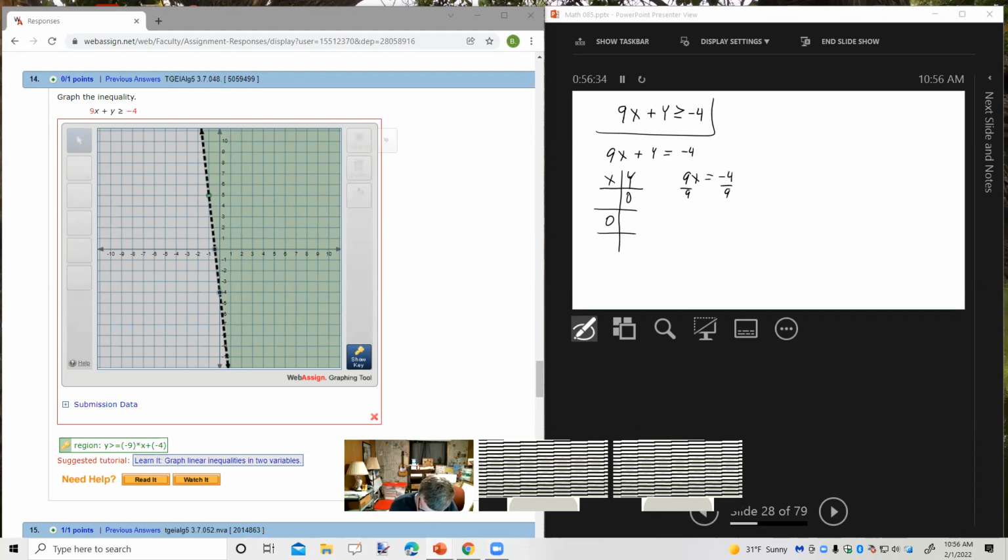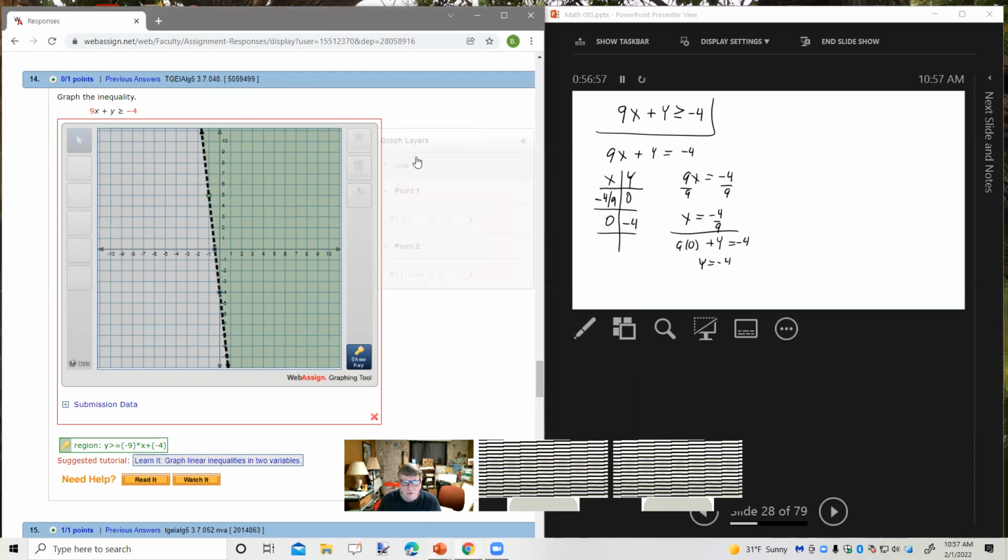Divide both sides by 9, x equals -4 ninths. If x is 0, we get 9 times 0 plus y equals -4, y equals -4. So our 2 points should be -4 ninths, 0 and 0, -4.